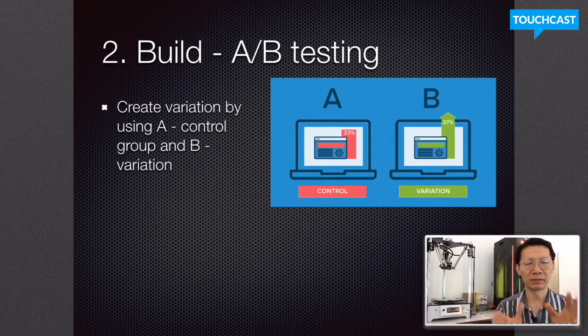So you compare the original one, A, the control, with the B one, the variation, after you process the newspaper, to see whether it's okay or not. It's a comparison between A and B.